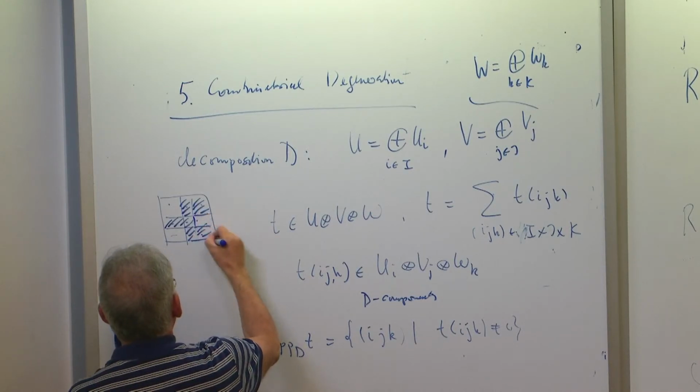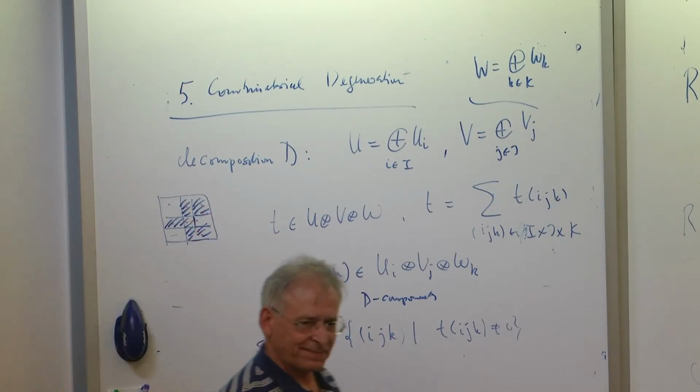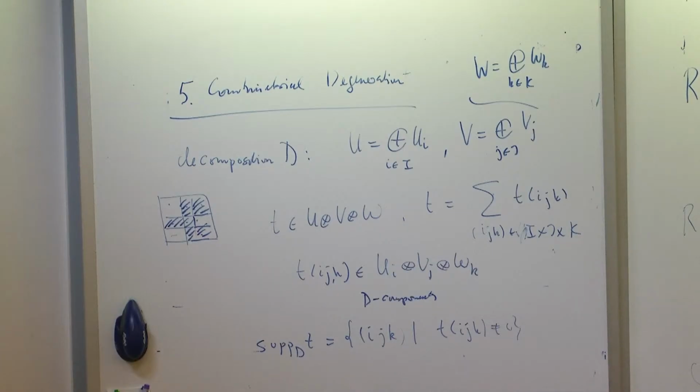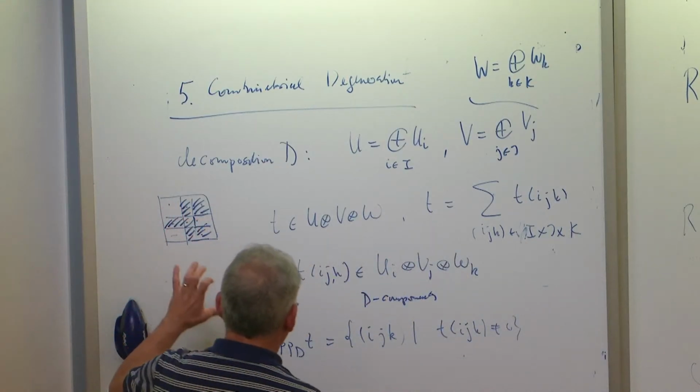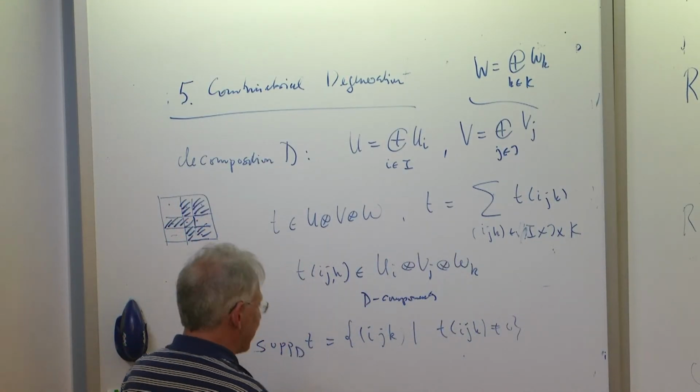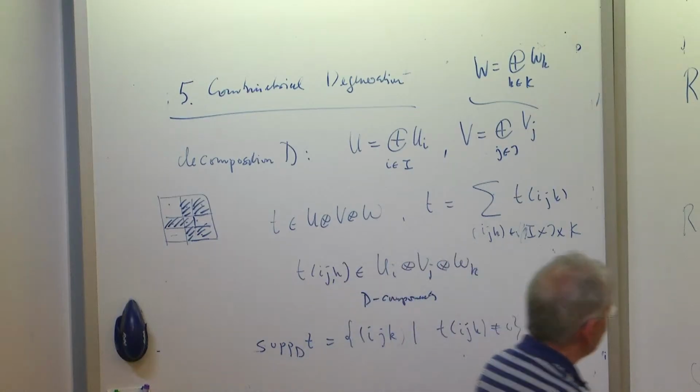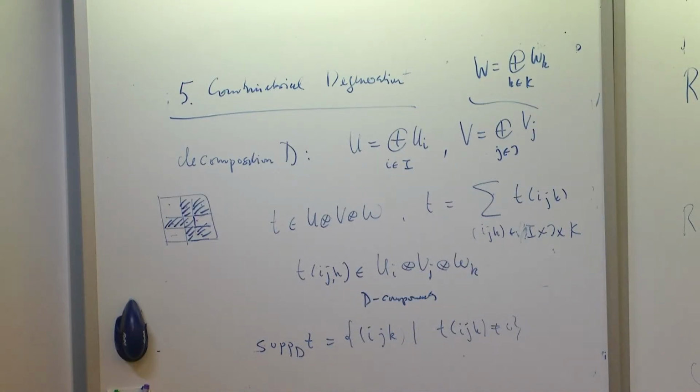It should be in 3 dimensions. Now, the point is I want to deform this outer thing to a diagonal tensor. But what does this mean? Now let me give a definition.